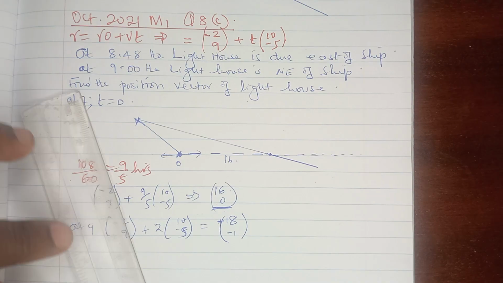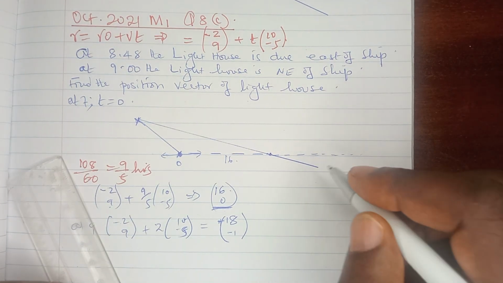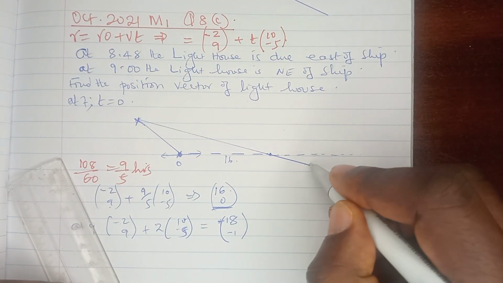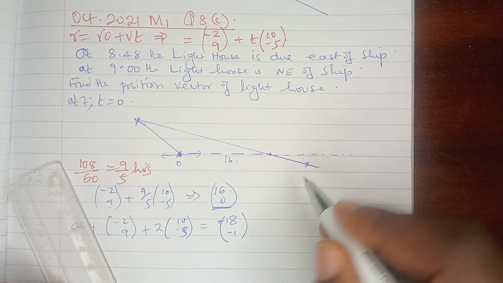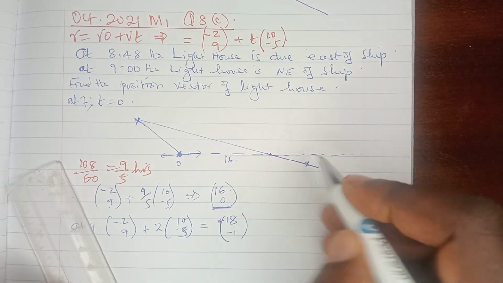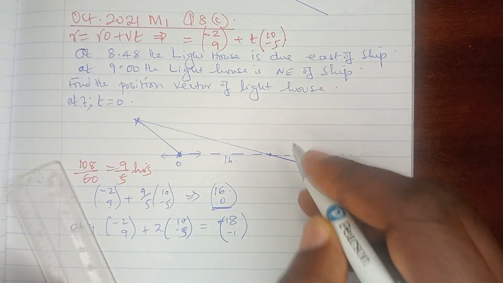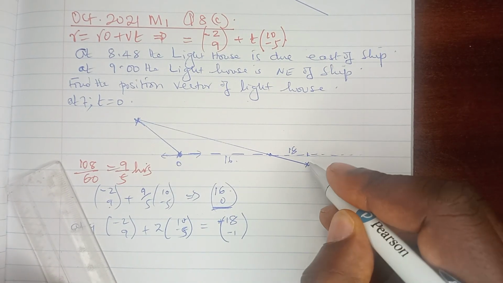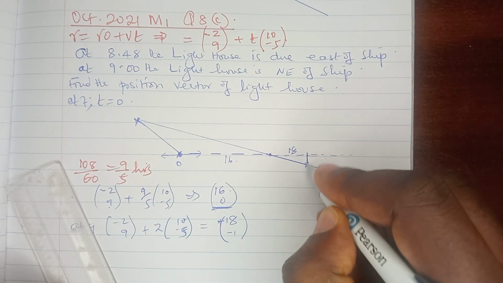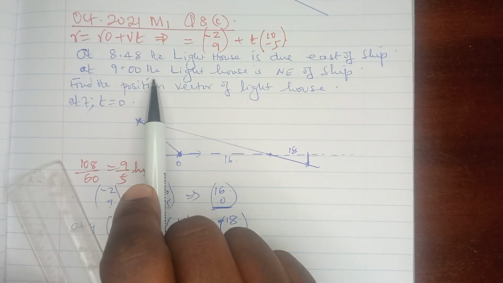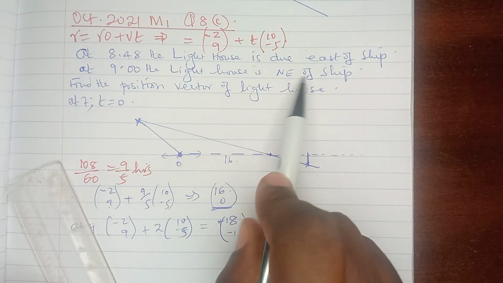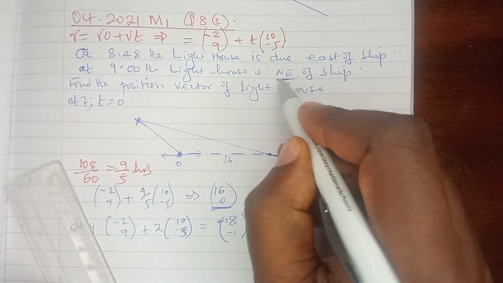Because the ship is going along this line, we are now here. From here to here is 1 in the vertical direction. At that point, the passenger realizes that the lighthouse is due northeast of the ship.